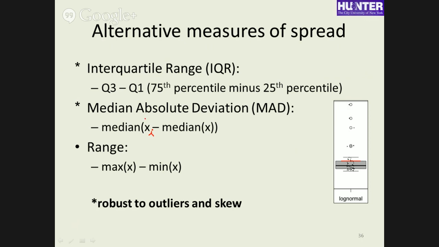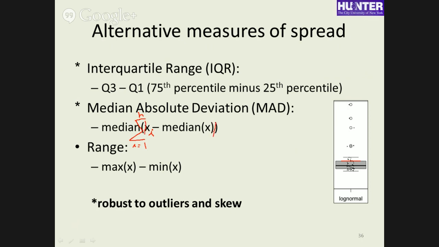And really, there would be a summation here too. This has to be summed from i equals 1 to n, and this is an absolute value. So I'll put bars here.